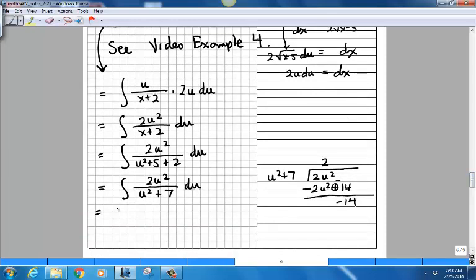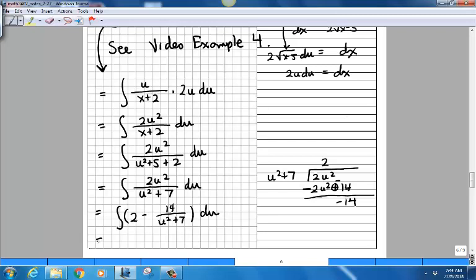So that means now I can rewrite my integral here in the following way. 2u squared over u squared plus 7 is 2, and then minus 14 over u squared plus 7, right? And then, of course, all of this, we're integrating with respect to u, right?